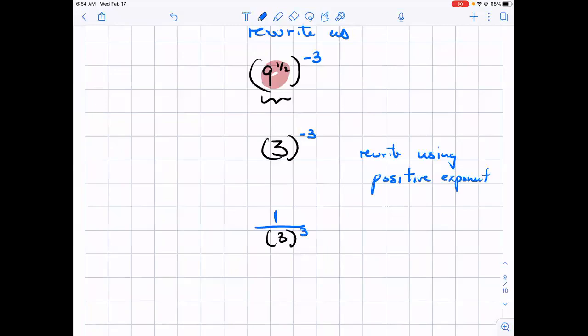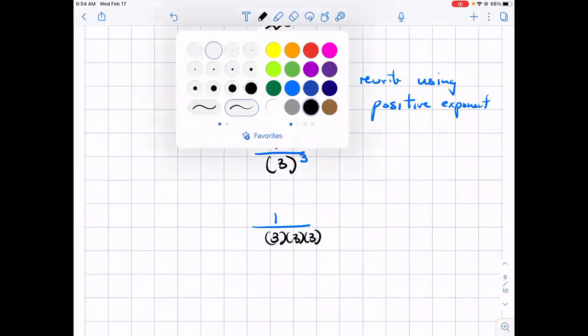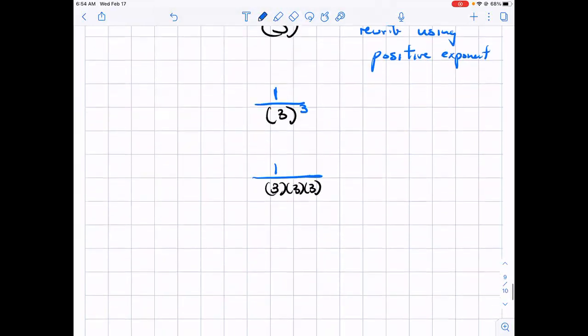This negative here means 1 over whatever you have there, and drop the negative sign. So now this becomes 1 over 3 times 3 times 3. And finally, this becomes 1 over 27.